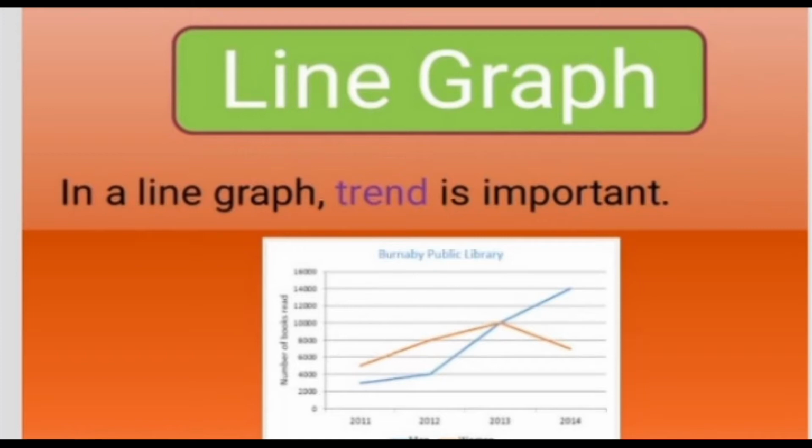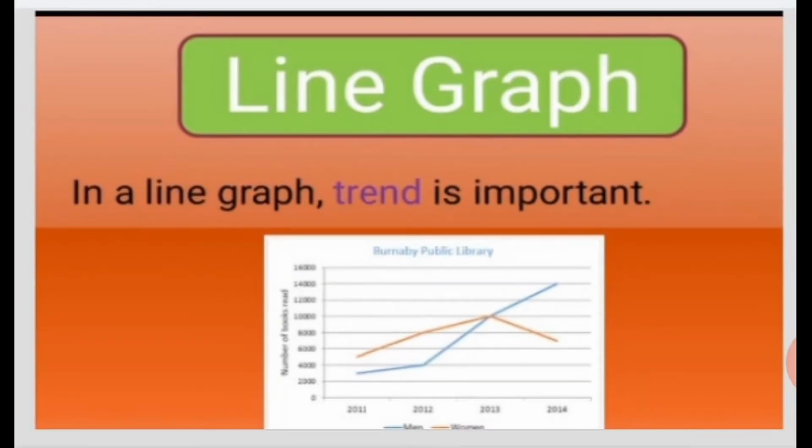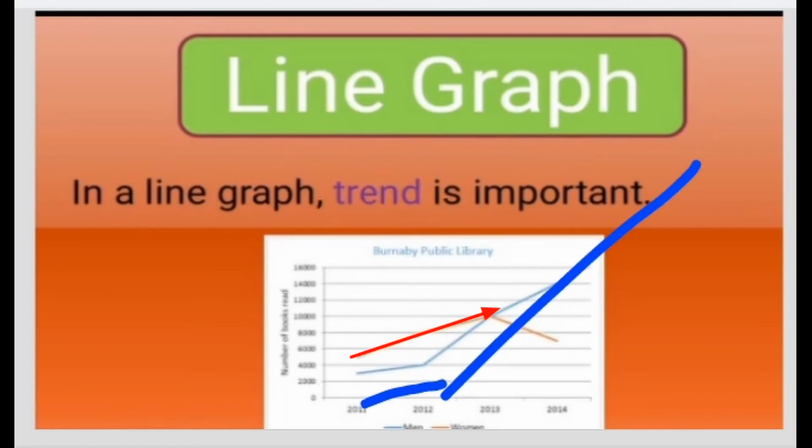So the question comes, what is a trend? You can see a little increase in the blue line, then there is a sharp increase. Here you can see a little increase, then a sharp increase in the blue line. In the same way, the red line also increased in the beginning but then slightly decreased.